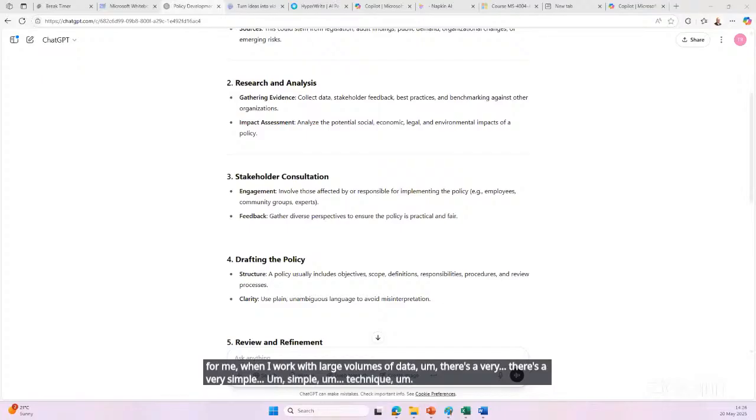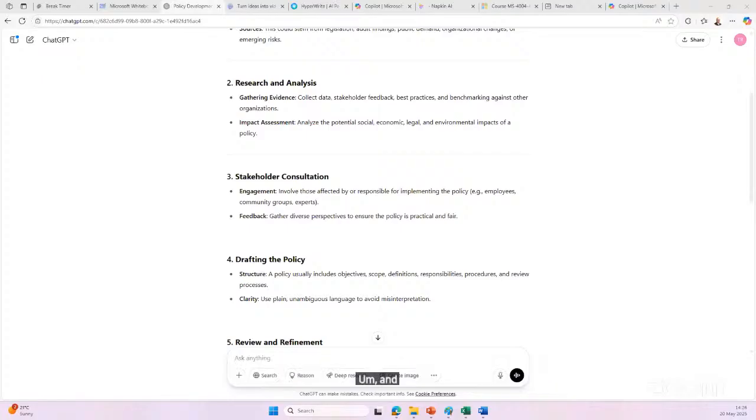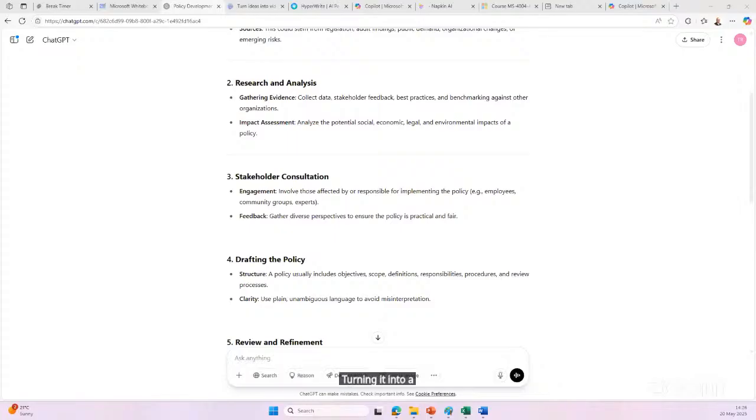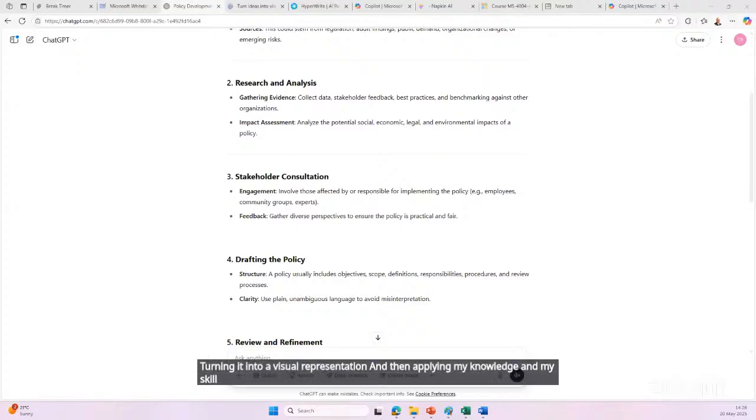I was at SALGA, the South African Local Government Association, and somebody asked me a very similar question. My answer was to use the standard technique of taking data, turning it into useful information, turning that into a visual representation, and then applying my knowledge, skill and experience associated with the topic to drive decision making.